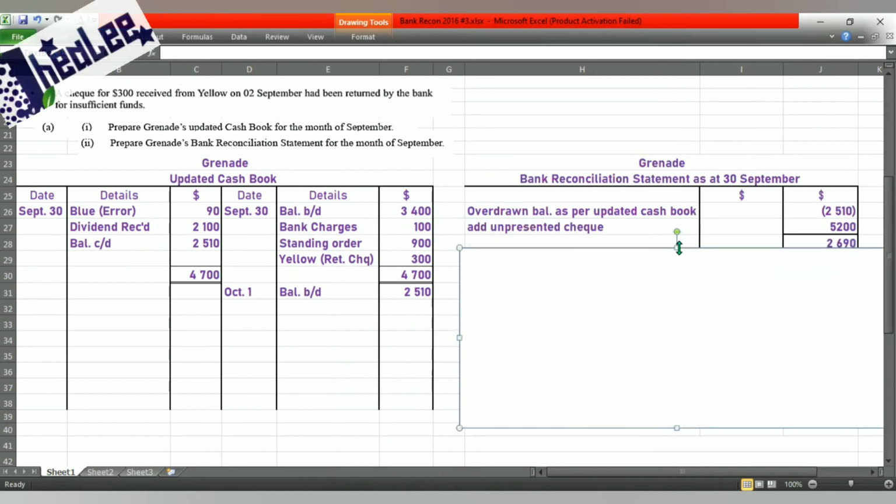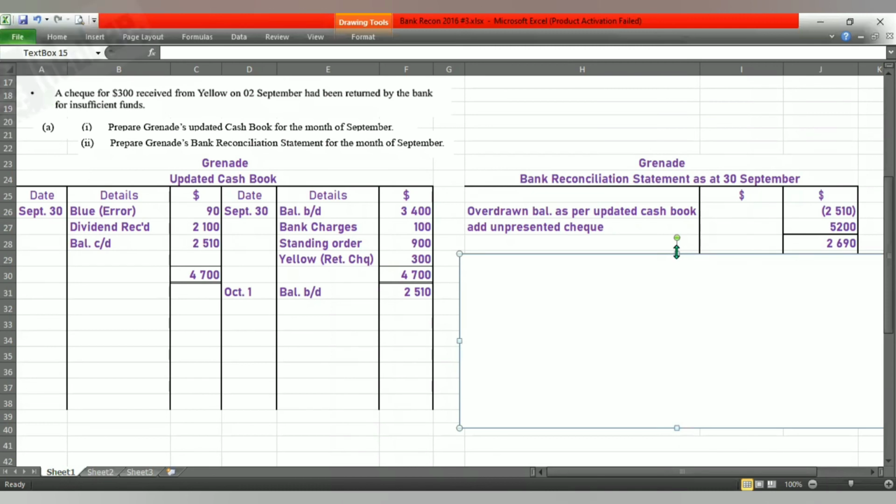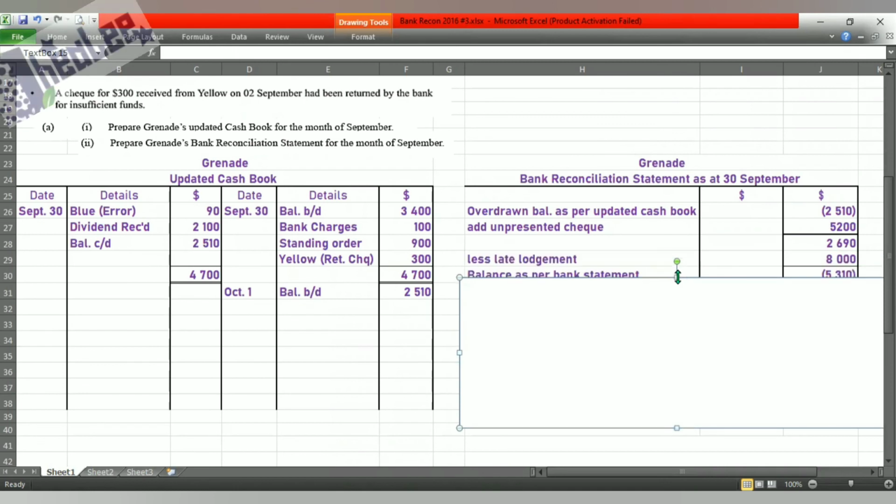To that, you add your unpresented checks, and the unpresented checks are $5,200. When that is added to that negative figure, we find the difference between the two figures and keep the sign of the larger figure. So we're seeing that there is a positive figure of $2,690. Our next step is to less our late lodgement, and the late lodgement is the value of $8,000.